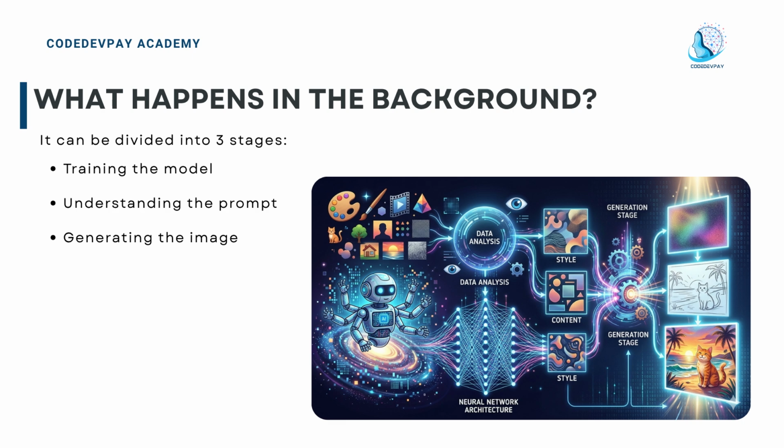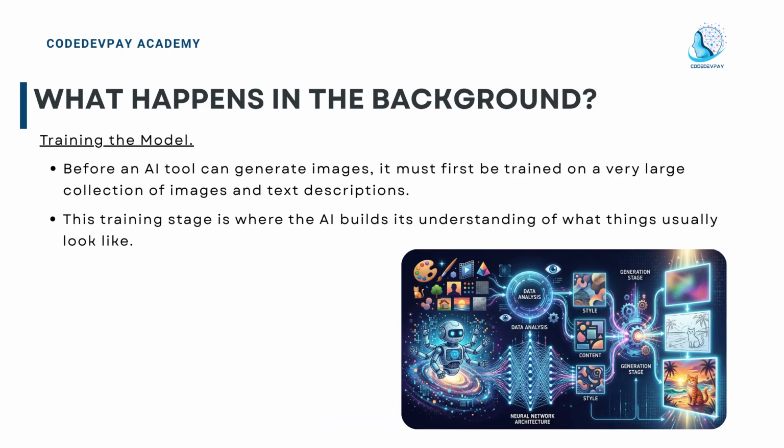So, the first thing is training the model. Before an AI tool can generate an image, it must first be trained on a very large collection of images and text descriptions. During training, the model is shown many examples, such as the image of a dog labeled dog, a picture of a beach labeled beach, and so on.